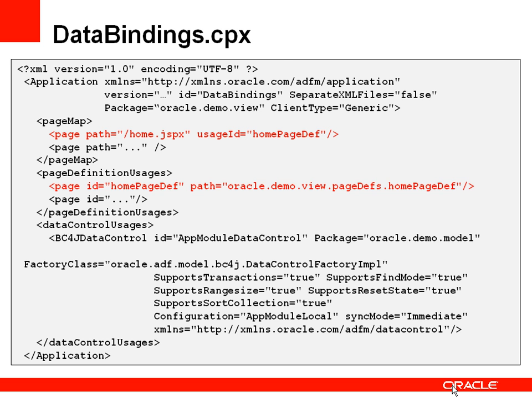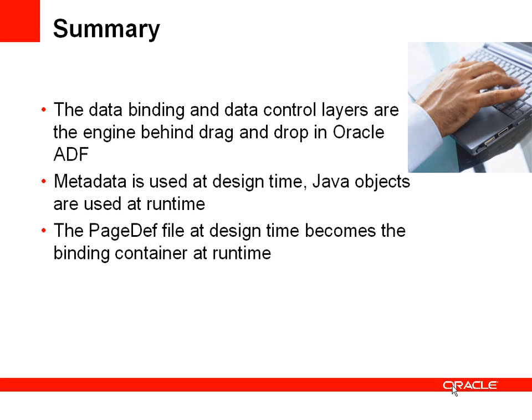So to summarize, data binding and data control layers are the engine behind drag and drop in Oracle ADF. Data controls provide a common abstraction over business services. Bindings take the information required from those data controls in a particular way required by, for example, a UI component, which might require a method binding.